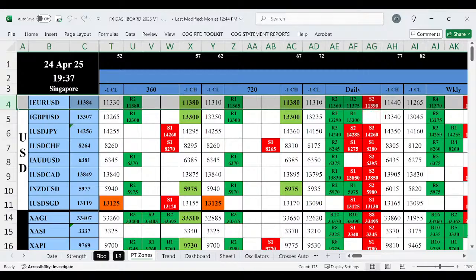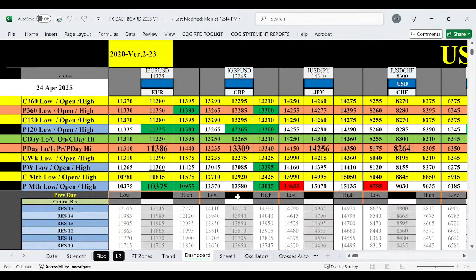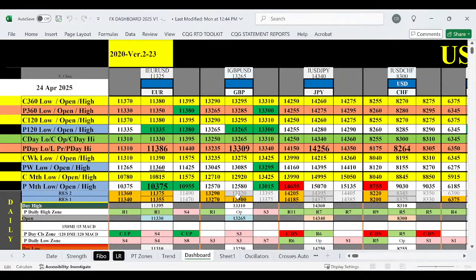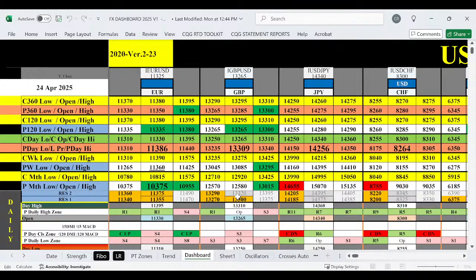Okay, so that means the price is 11410, and previous day high is 11440.